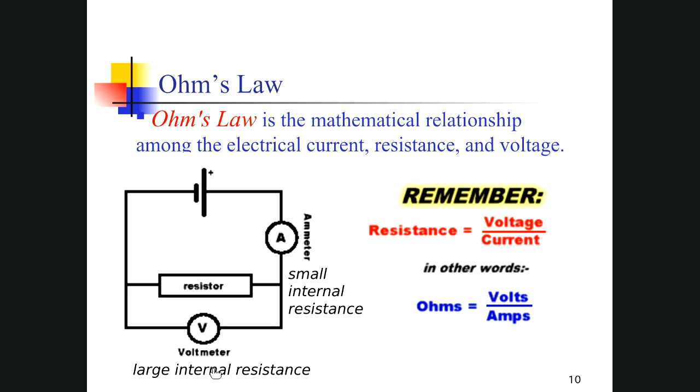Otherwise, we have current going through the voltmeter. In practice, the voltmeter has a very big internal resistance in comparison with the resistor, so very little current goes through it. So 99.99% goes through the resistor and 0.01% goes through the voltmeter.